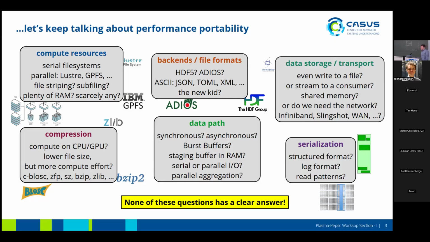Maybe you also just see that you have a simulation that's running purely on GPU and has unused CPU resources. So maybe you want to compute the compression on the CPU. Maybe you also have a compressor that computes very well on the GPU. And which compression library are you going to use? What data path are you going to use?